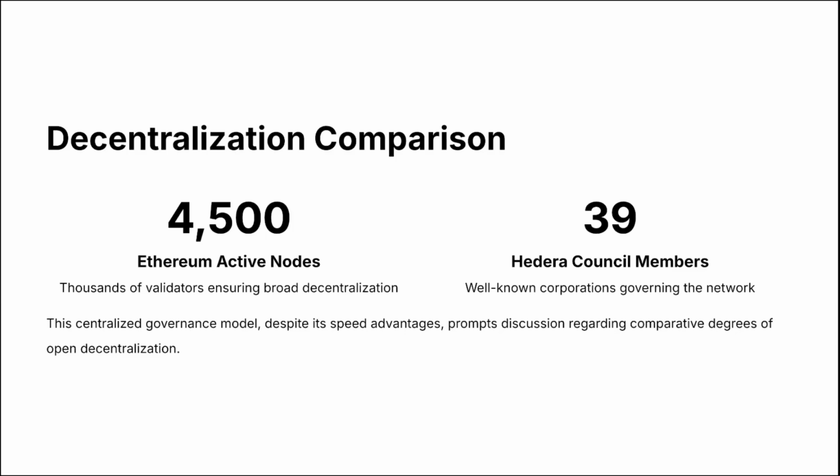In contrast, Hedera, which is based on DAG, is governed by a council of 39 well-known corporations. While this model allows for faster performance and also more predictable decision-making, it also introduces a more centralized architecture, which is more like the classic type of model, right? So while Hedera may excel in speed and efficiency, Ethereum emphasizes openness and also distribution.